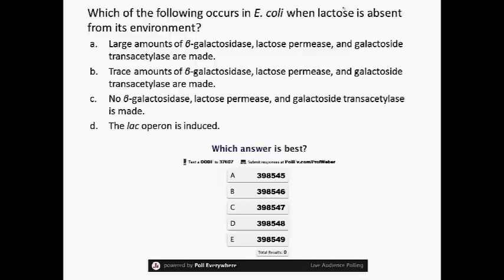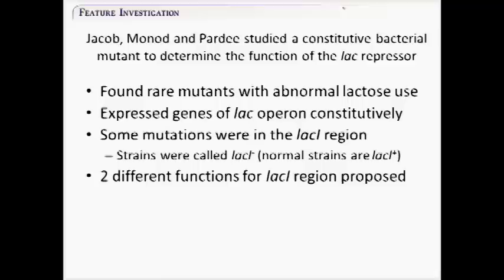This stuff, black and white, makes it difficult at times. There is going to be some beta-galactosidase and permease present, as we established very early on in this chapter. A lot of that is from previous expression of the lac operon. But I think students have difficulty with this idea that there's none or trace, so I would have accepted B or C.